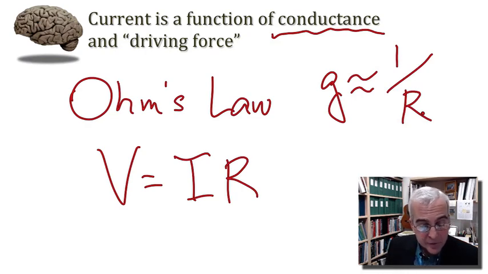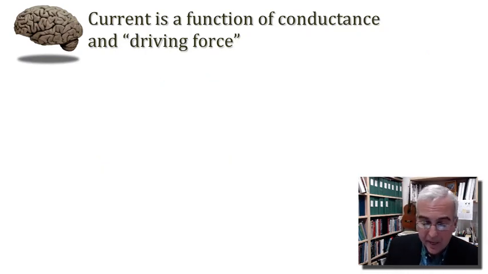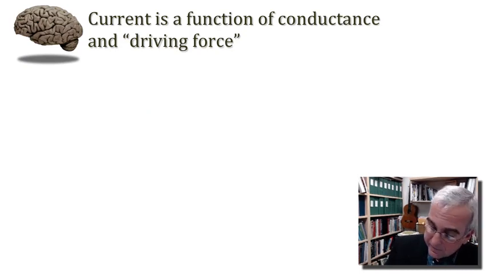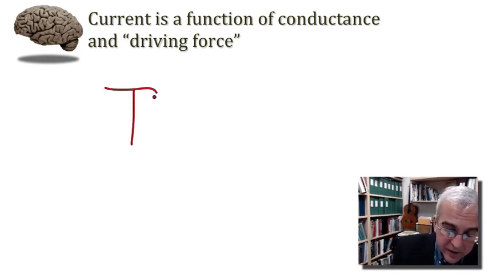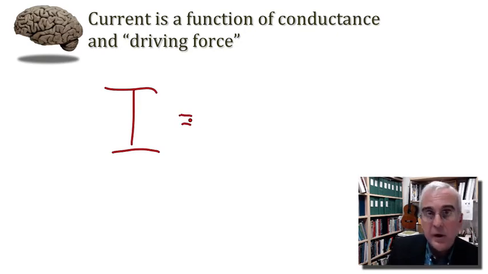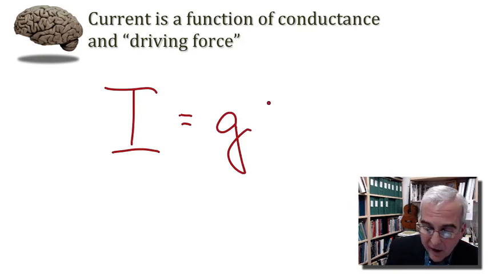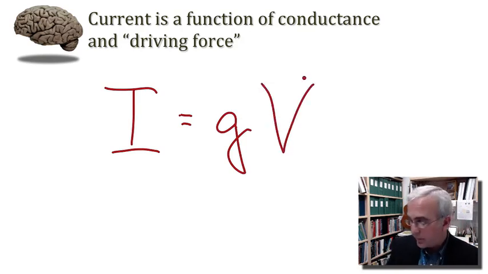So it's possible then to rewrite Ohm's law in terms of current. And what we can state then is that measured current is proportional to the conductance for that permeant ion times the voltage.